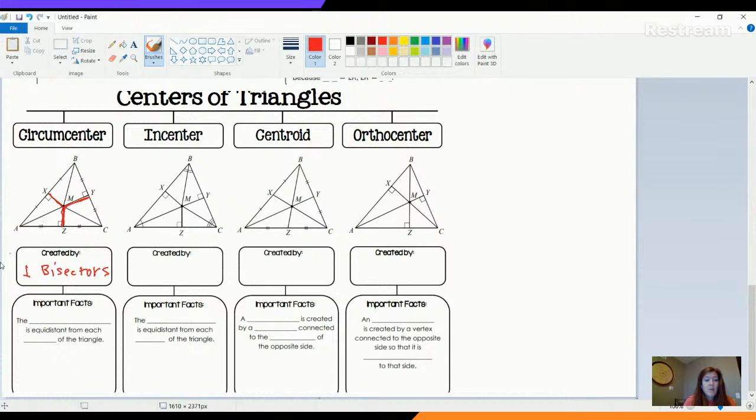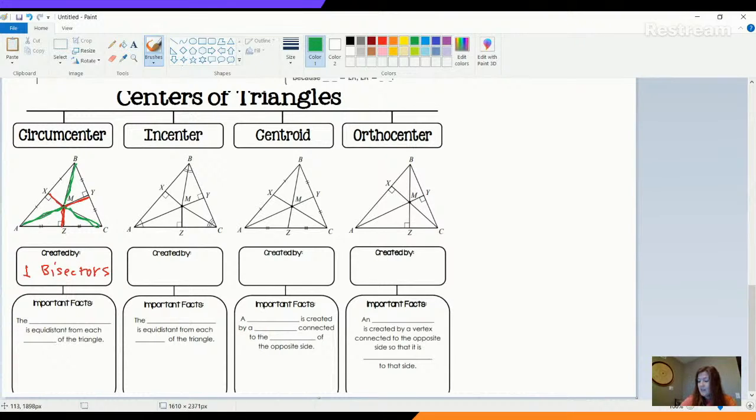And then remember, once you find that point of concurrency for those three perpendicular bisectors, which is M, if you then draw a line from that point of concurrency to the vertices, that means that all three of those lines, AM, BM, and CM, are all congruent to each other. They're all equidistant.